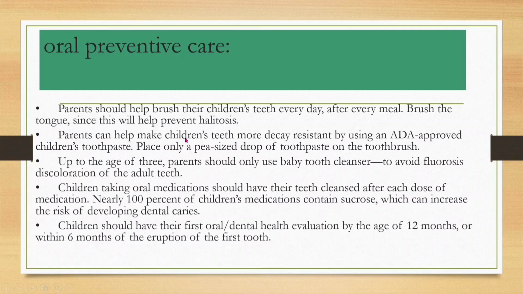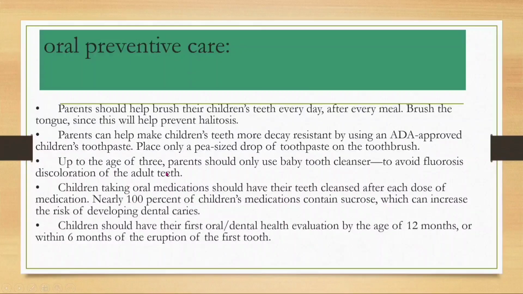So what are the oral preventive care measures for cerebral palsy? That is, parents should help brush their children's teeth after every meal and brush the tongue, since this will help prevent halitosis. Parents can help make children's teeth more decay resistant by using a children's toothpaste with the proper toothbrush.